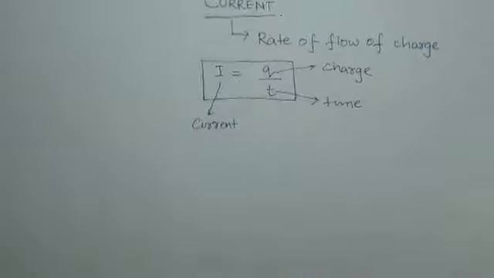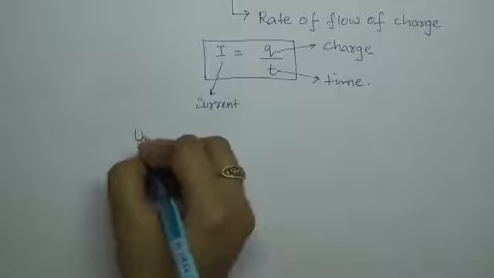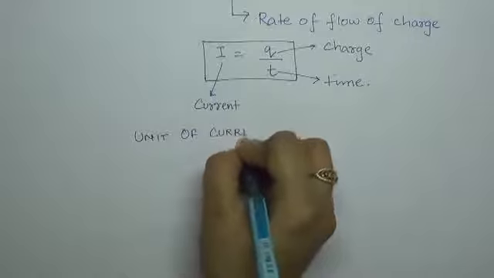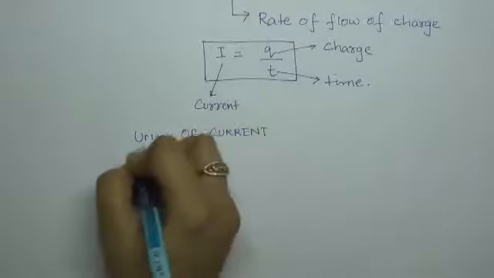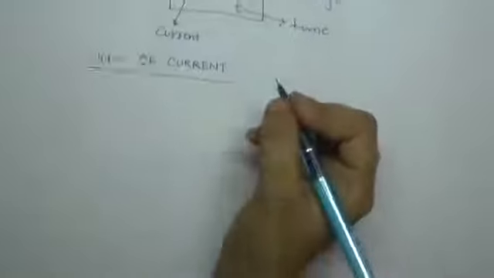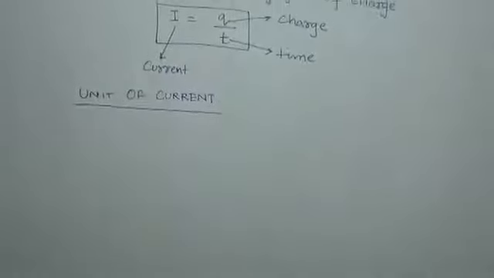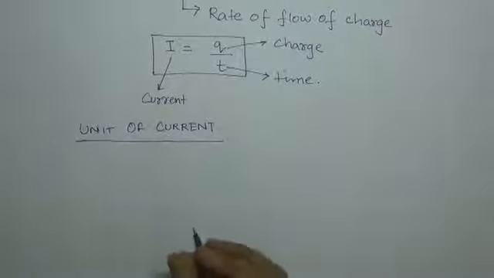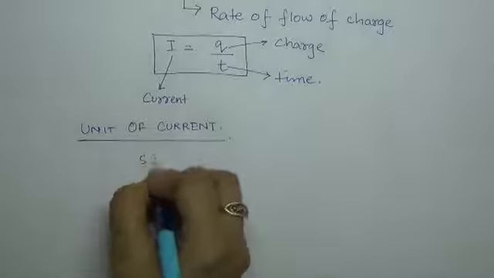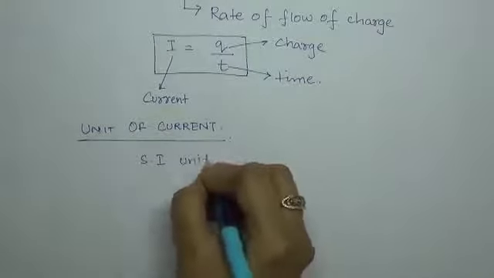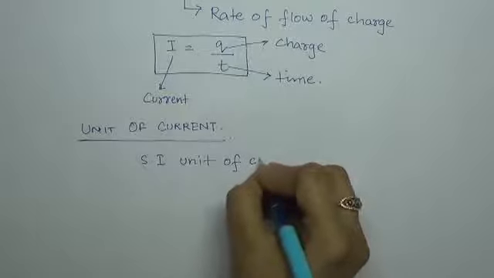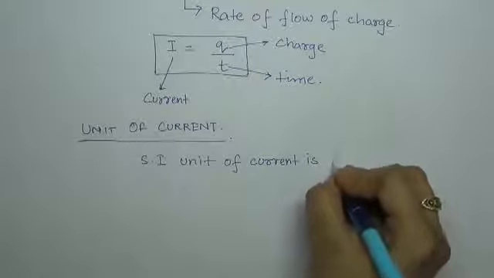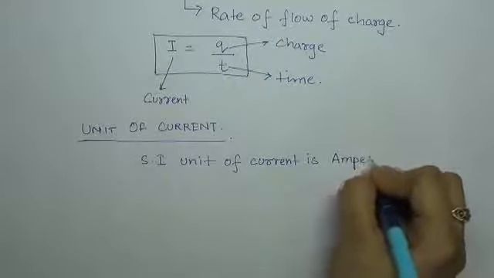Now what will be the unit of current? From the formula itself, you can derive the unit for current. The SI unit of current is ampere, A-M-P-E-R-E.